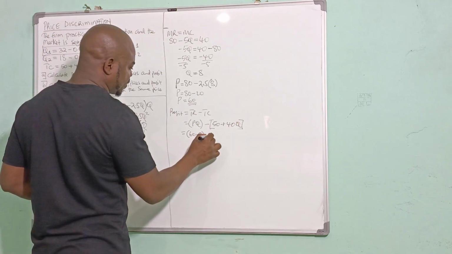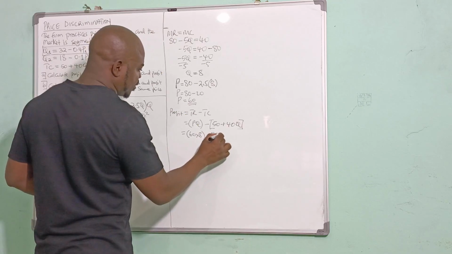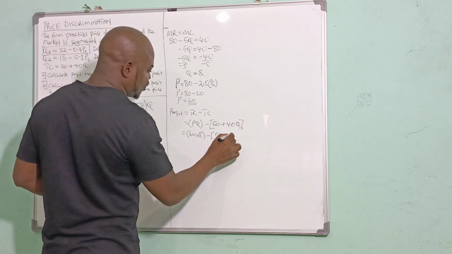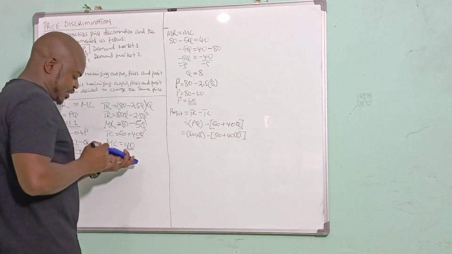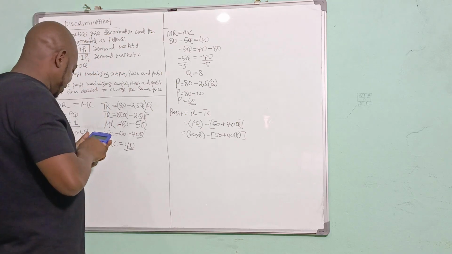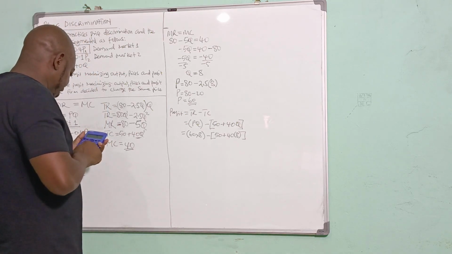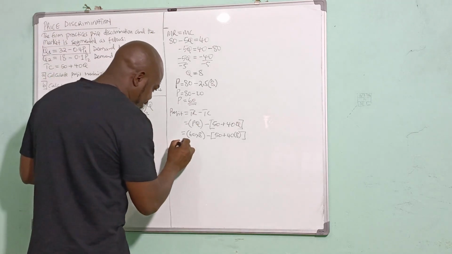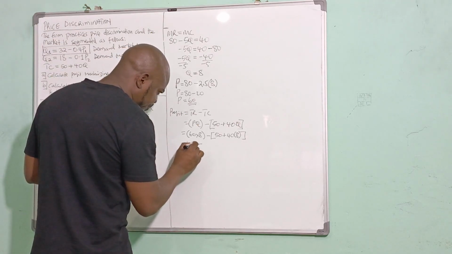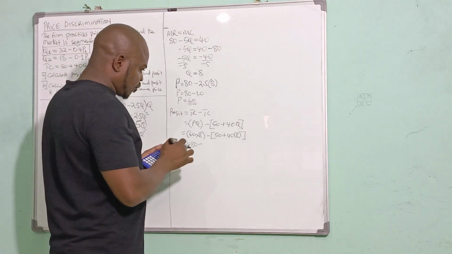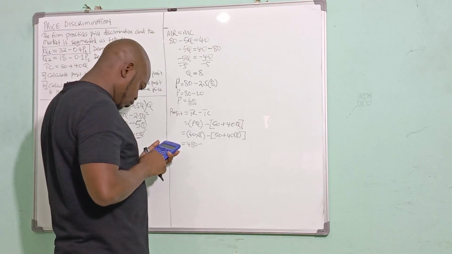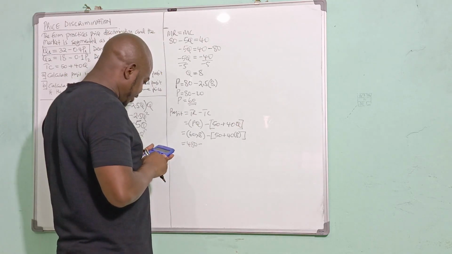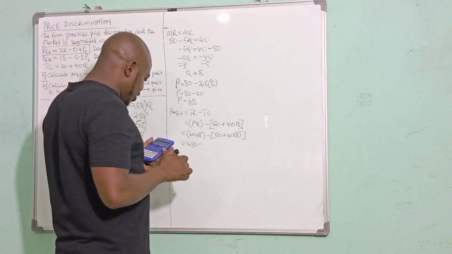multiplied by 8. 50 plus 40, where there is Q, I'll put 8 there because my quantity is 8. And then 60 multiplied by 8, I have 480 here. 40 multiplied by 8, I have 320, plus 50, 370.